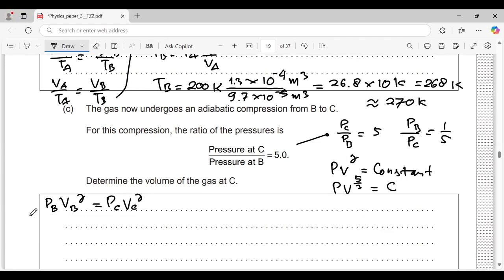If we are going to find VC, we have to rearrange this formula to become VC power gamma equal PB VB power gamma over PC.